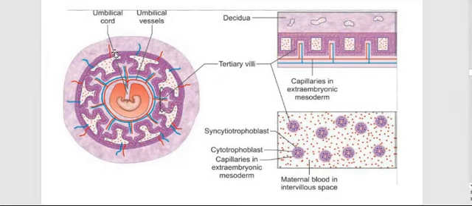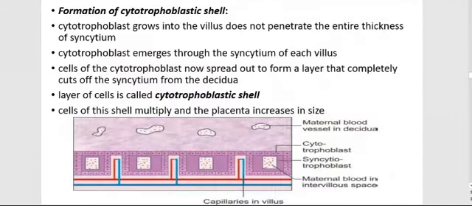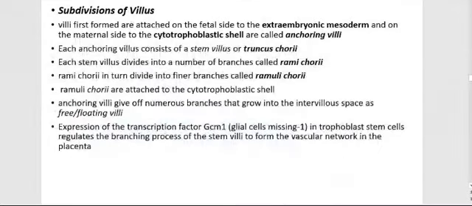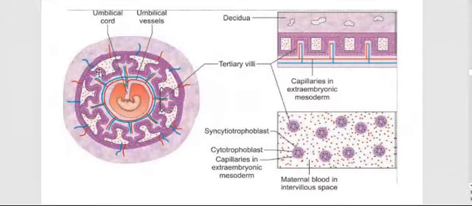So the cytotrophoblastic shell is the outermost boundary of the chorionic villi, separating them from the decidua basalis. So now we have formed our placenta.